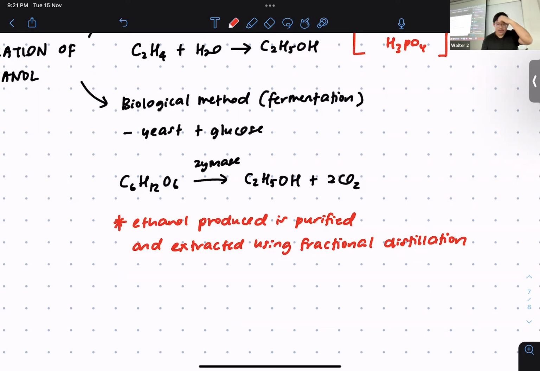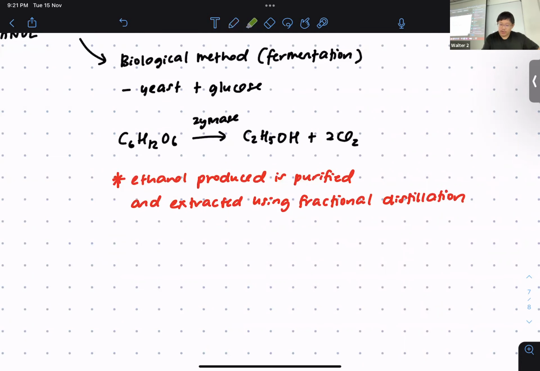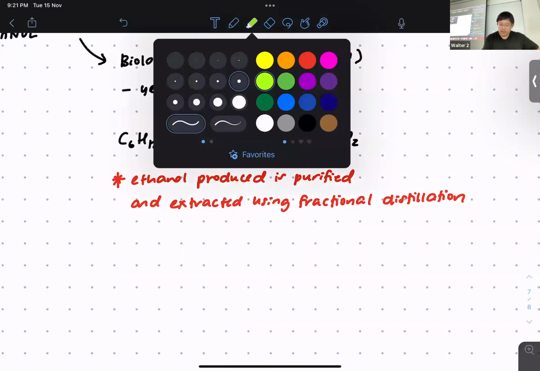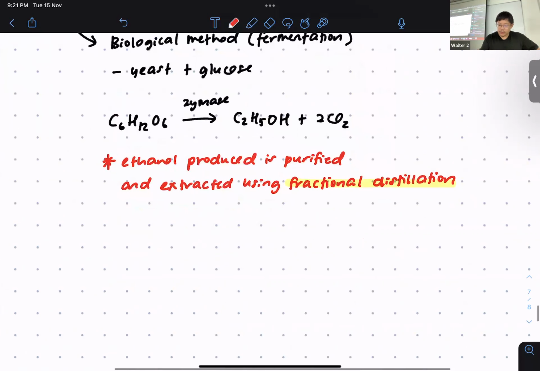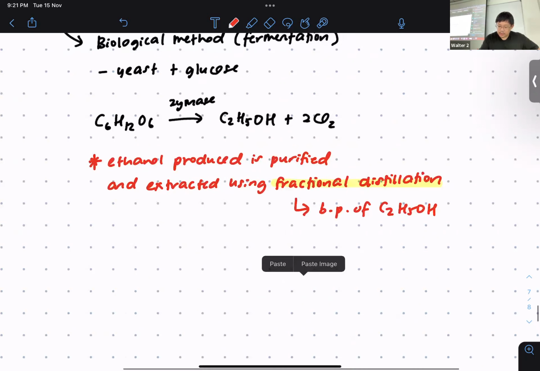Okay, so side note, fun fact: fractional distillation, how does it work? There's separation based on boiling point. So for fractional distillation over here, the boiling point of ethanol is 78 degrees Celsius.